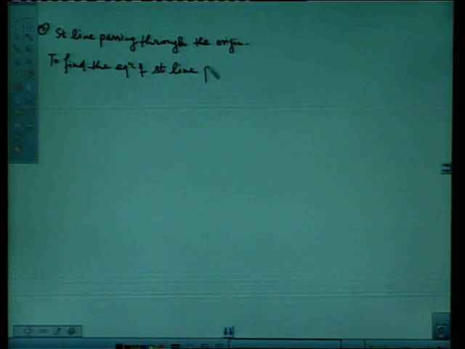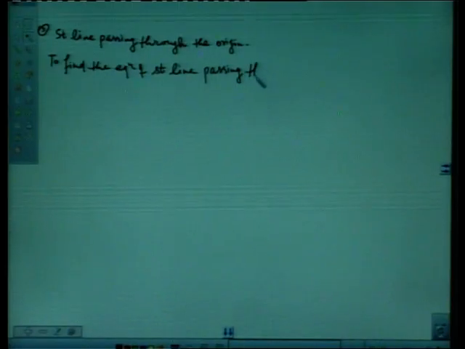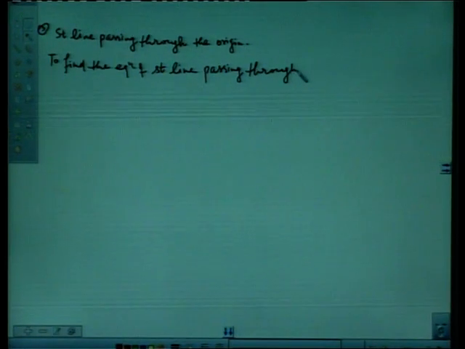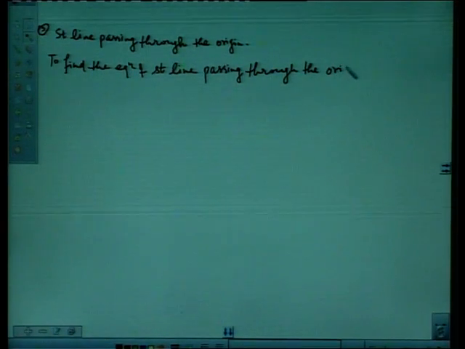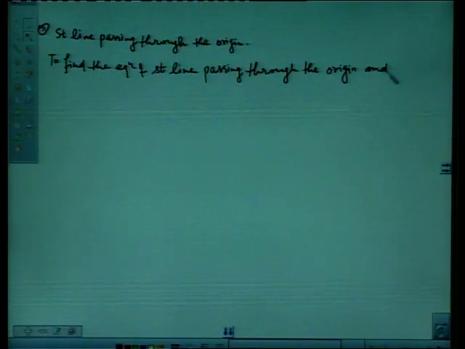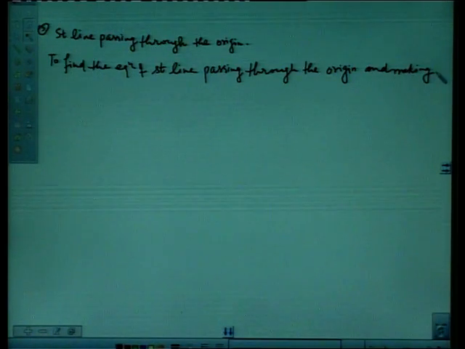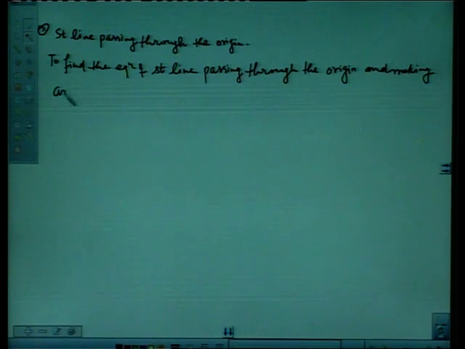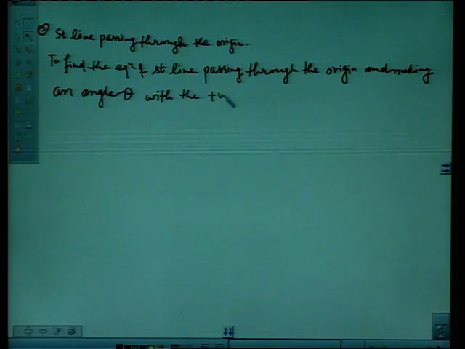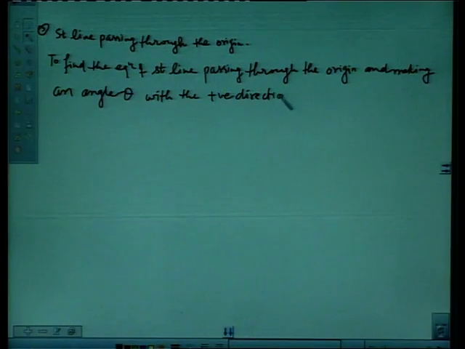To find the equation of a straight line passing through the origin and making an angle theta with the positive direction of x axis.